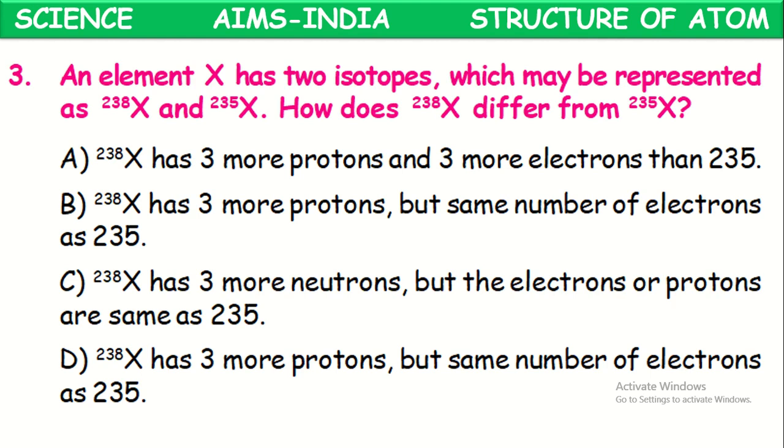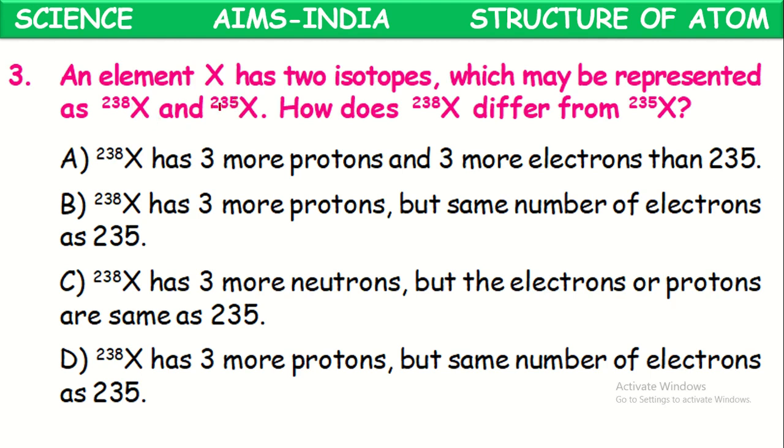Generally, isotopes differ in the number of neutrons. Let us see the number of neutrons of X238. They differ in the number of neutrons, so as the number of neutrons differs, their mass numbers are different. As these two have the same atomic number, the only difference is in the number of neutrons.